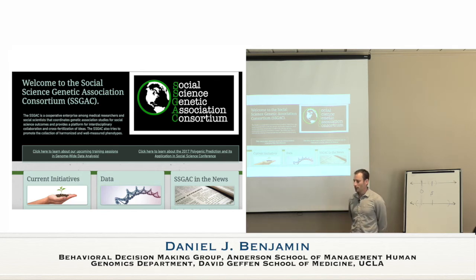And we were trying to think about how we could proceed with doing social science genetics in a more productive way. It was clear that the medical genetics community had good reasons for moving to this GWAS approach. We thought that made sense to us, and we wanted to try to adopt the same kind of approach for phenotypes of interest to social scientists.